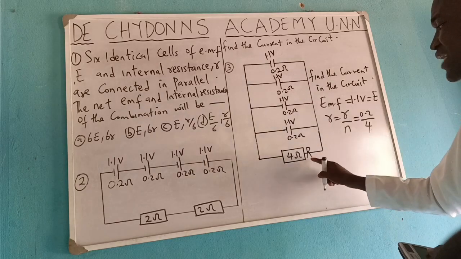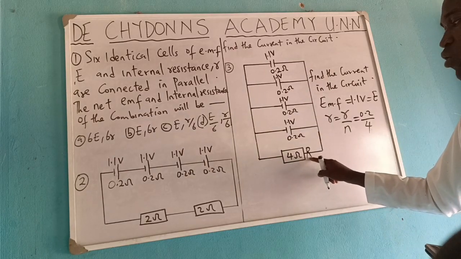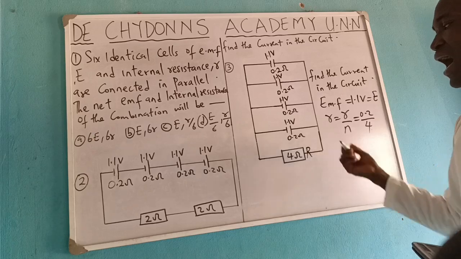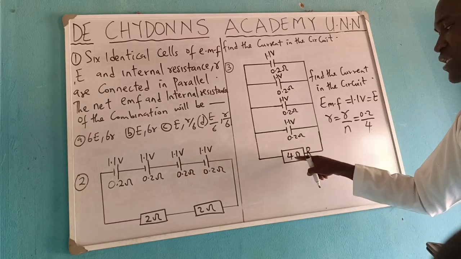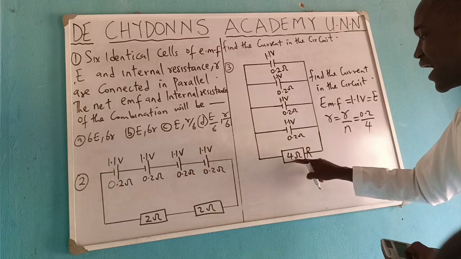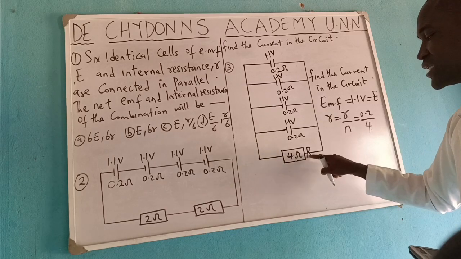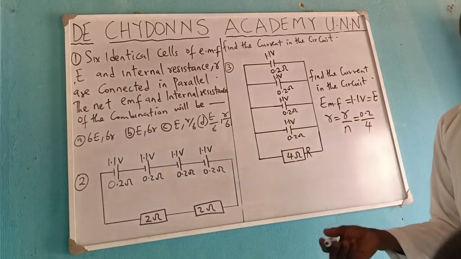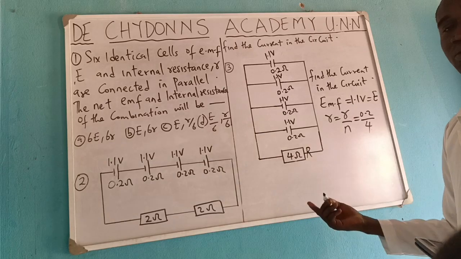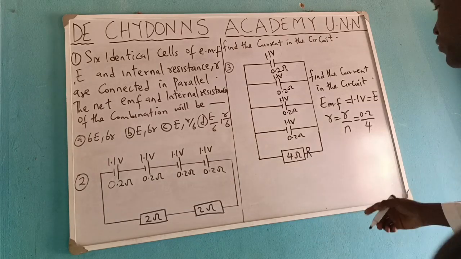1, 2, 3. This is external. That is why I put this capital R. External stays here. You can't have internal resistance here. From the symbol I just showed, this is a standard resistor, so this is the external resistor.